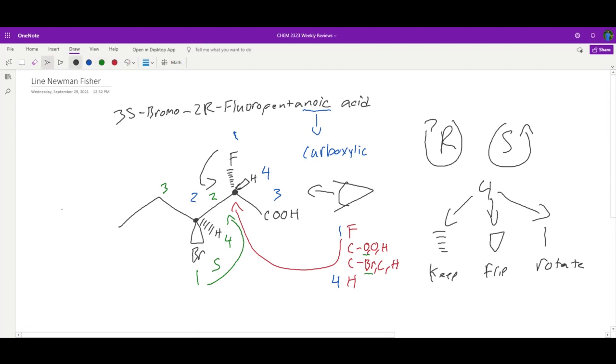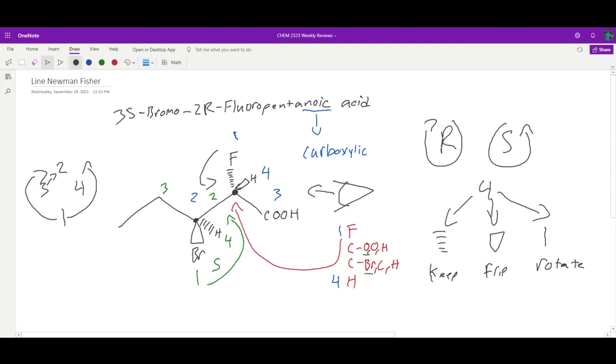Now, there have been questions about which direction to go if my groups are arranged in this order. If my 1 and 2 are not right next to each other, and they're opposite from each other, obviously you can either go this way or this way, right? Those are your options. But you have to look at where 2 and 3 are.